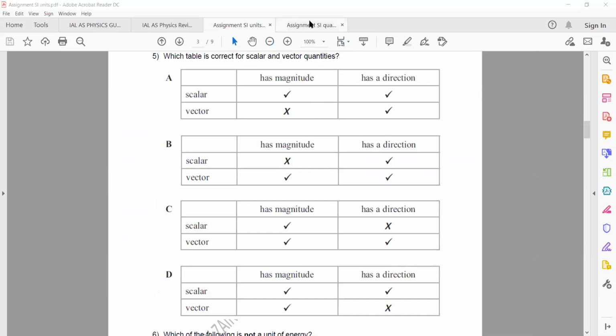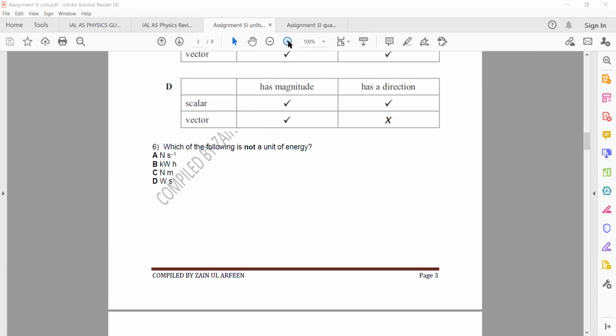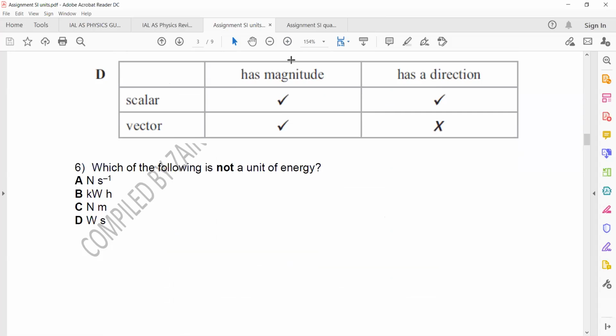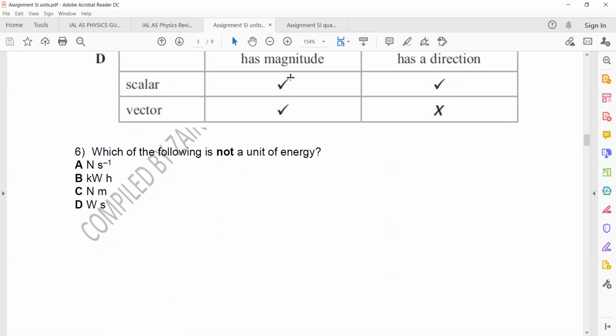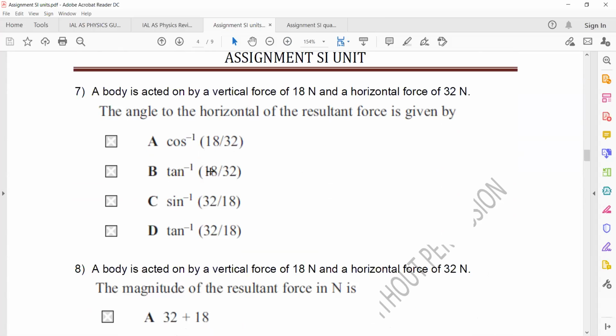Scalar has magnitude but no direction. Vector has magnitude and has direction as well. Which of the following is not a unit of energy? Leave this part because it's related to the energy topic.